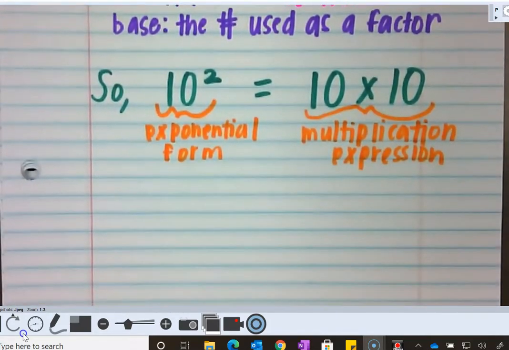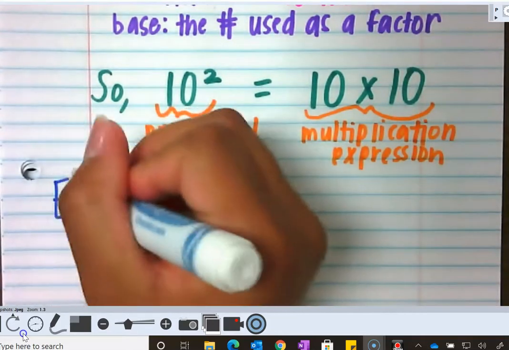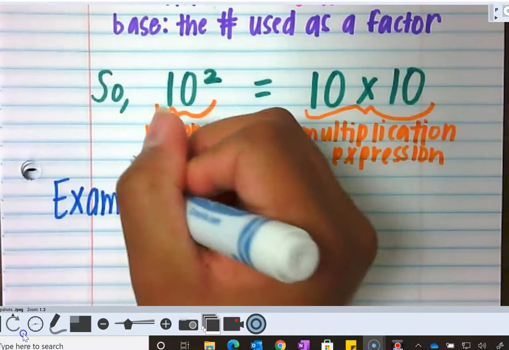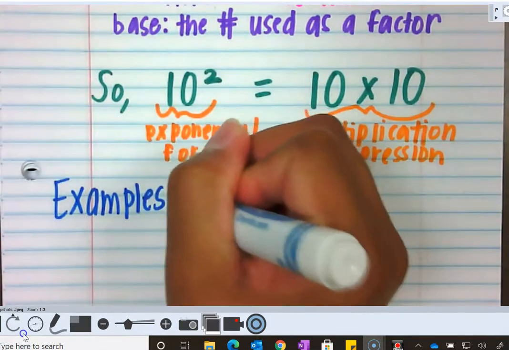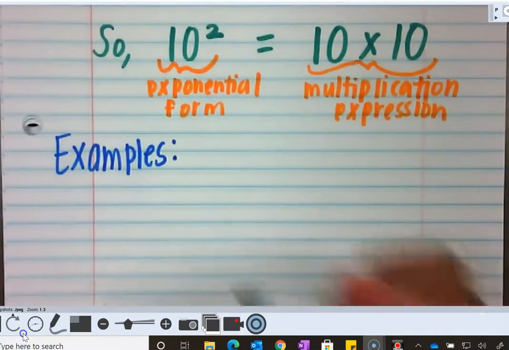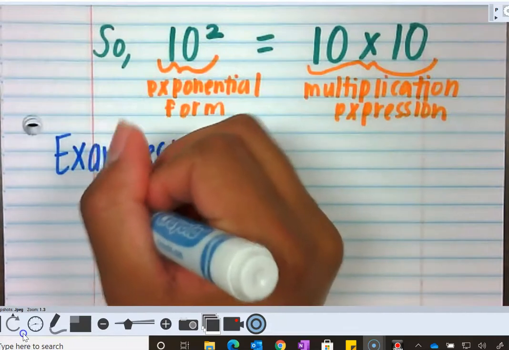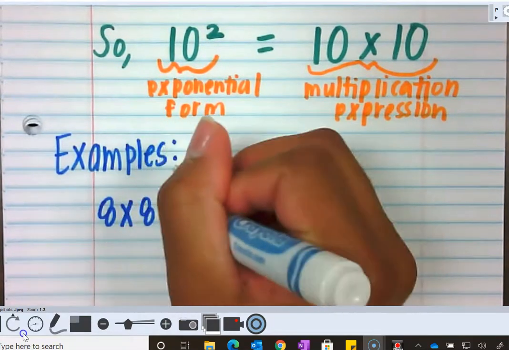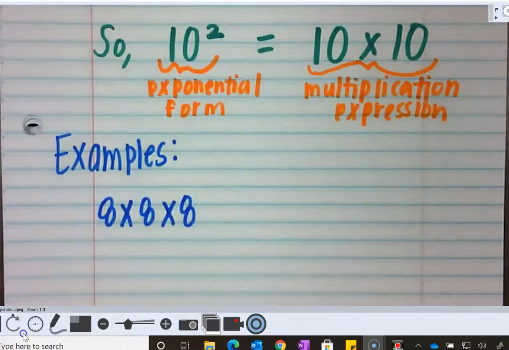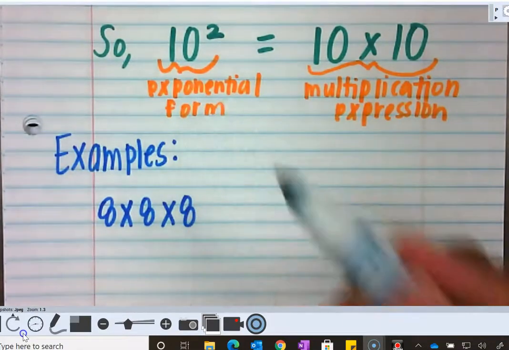Let's try some examples. Let's say we had 8 times 8 times 8. And I want to write this in exponential form.